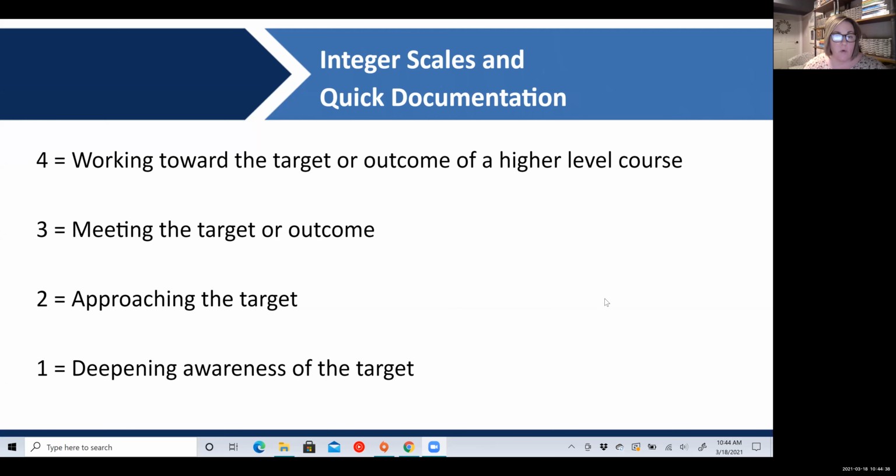In this segment, we're going to talk about the difference between an integer scale and a grading schema, and documentation versus grading. An integer scale usually looks something like this. Rather than collecting grades, we begin to study student progress toward an outcome.